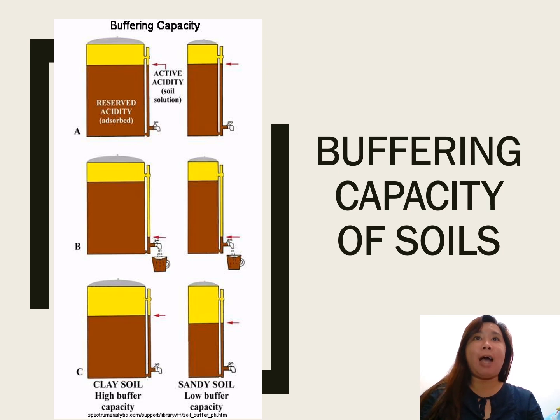Now, both pots have equal amounts of coffee in the indicator tube. They have leveled coffee in the indicator tube, meaning they both have the same active hydrogen, so they have the same soil pH.